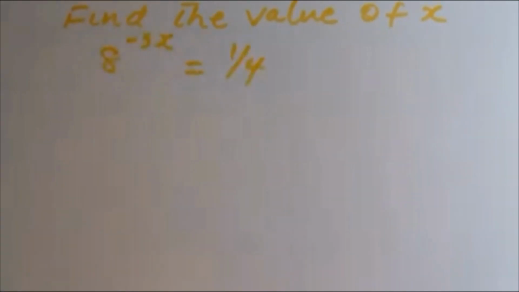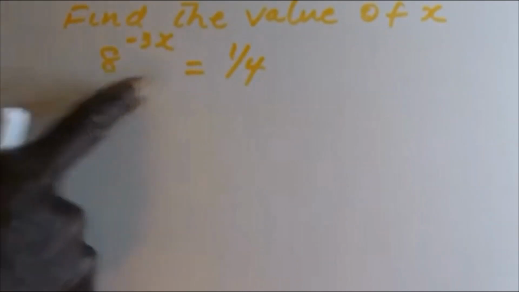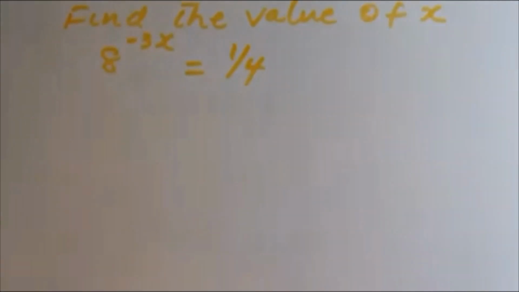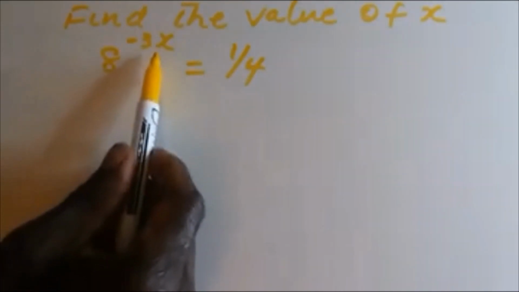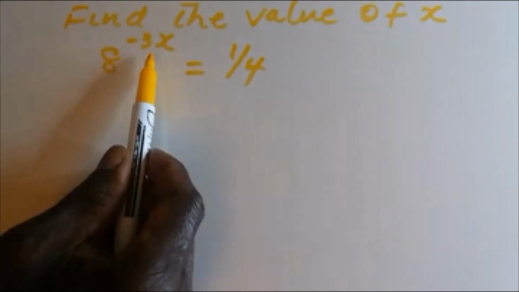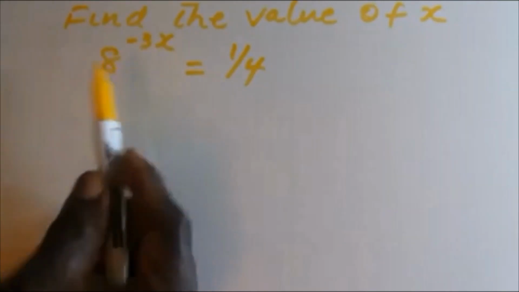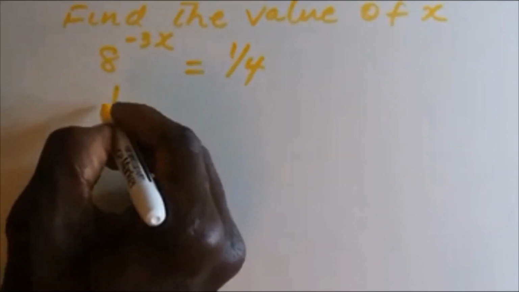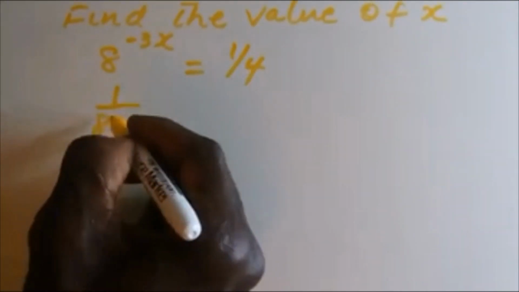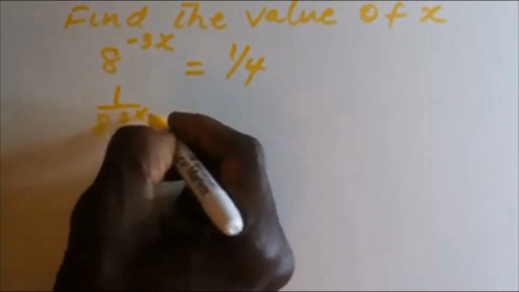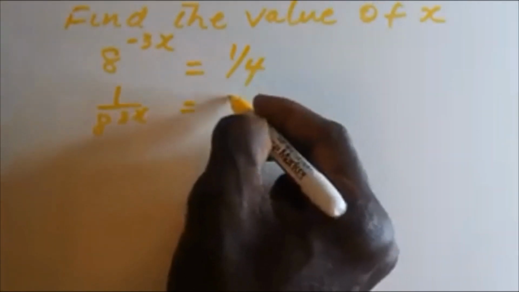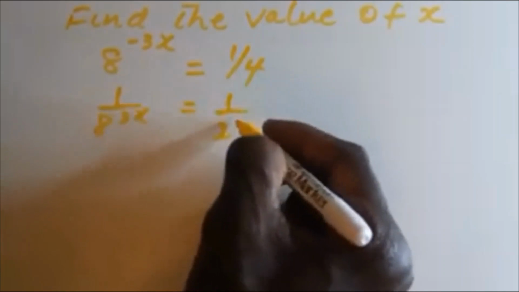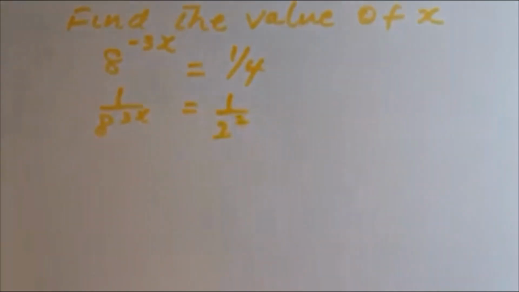Here's our next equation. We can see both 8 and 4 are powers of 2, and we also have a negative index here, so maybe we can rewrite the left hand side with a positive index. So we'll have 1 over 8 to the 3x, and we'll use powers of 2 here, so 4 is 2 squared.